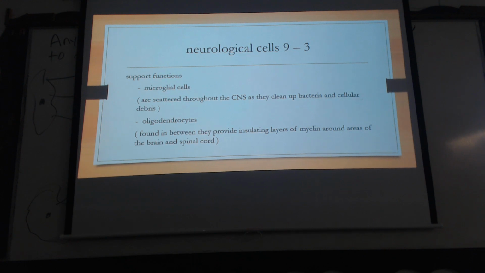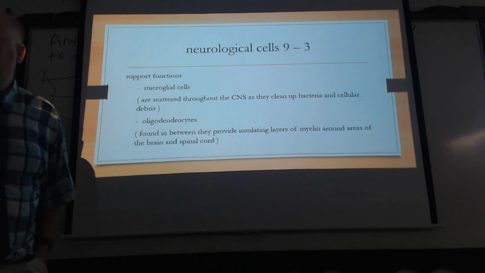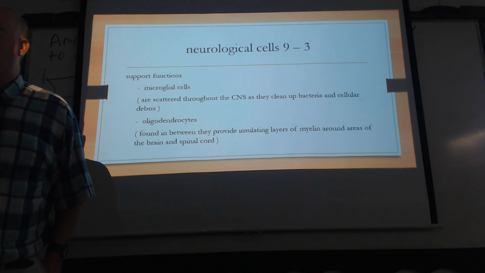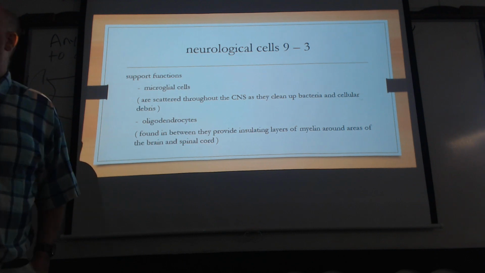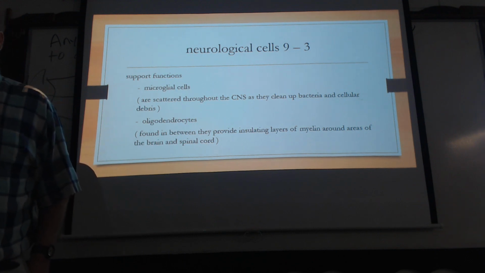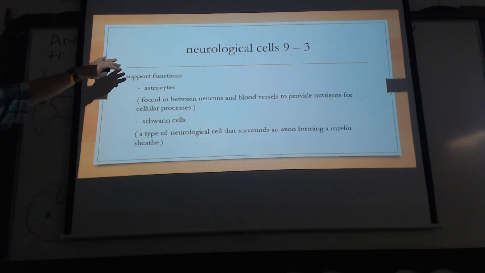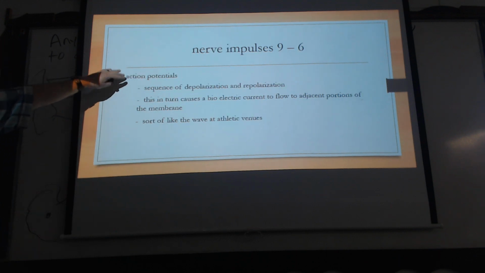And then the O would be this. And then the PSS would be your Schwann cell and what was the S? Satellite cell. And that's in which portion of the nervous system? Yeah, peripheral one.